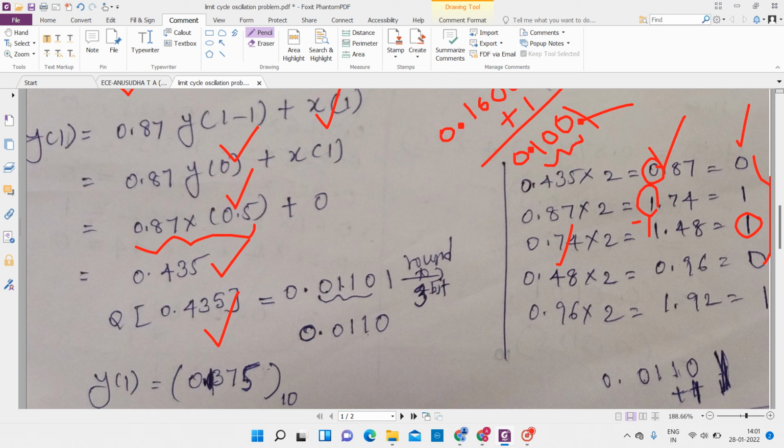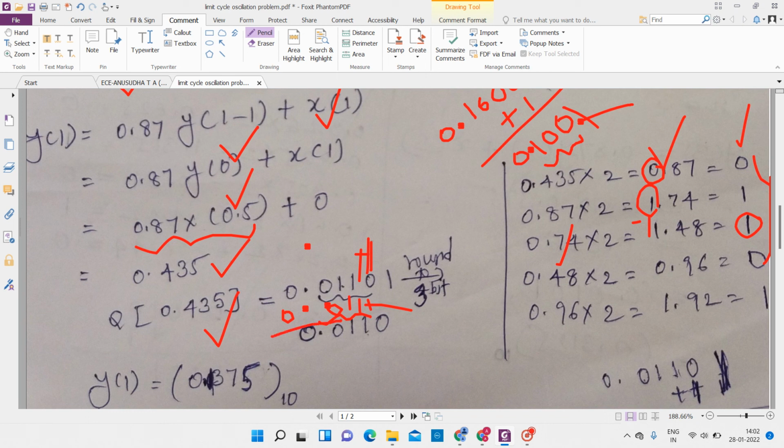So you will get 0.0111. Just omit this last bit because we are considering only the first 3 bits. We are rounding. So totally we have 4 bits. Our capital B is 4 bits.